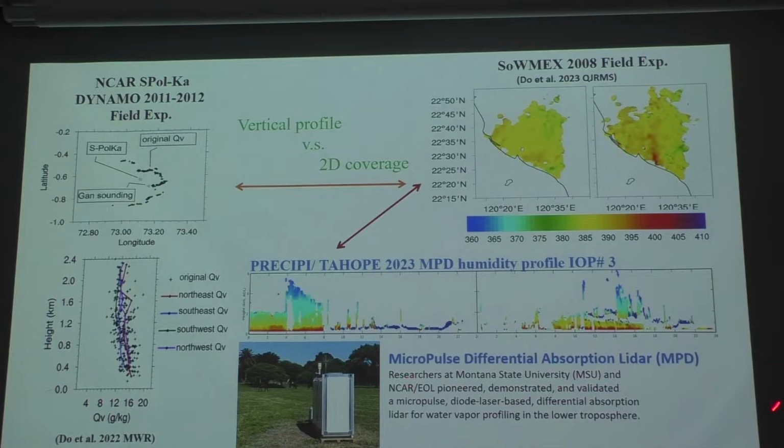This instrument can also provide the vertical profile of humidity. So this is a good opportunity to combine two pieces of information: the humidity in the vertical, and the humidity near the surface. Once we obtain all this information, we would like to assimilate both into the data assimilation system.